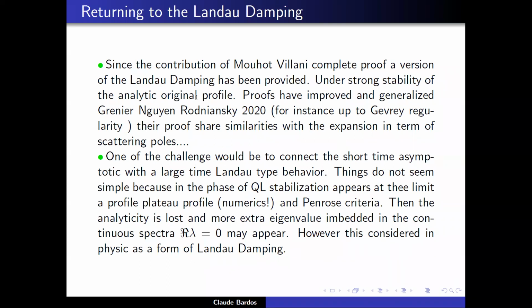So it's natural to consider a problem where you have no singularity, no eigenvalues. And this is exactly the hypothesis which was made in the paper of Mouhot and Villani.